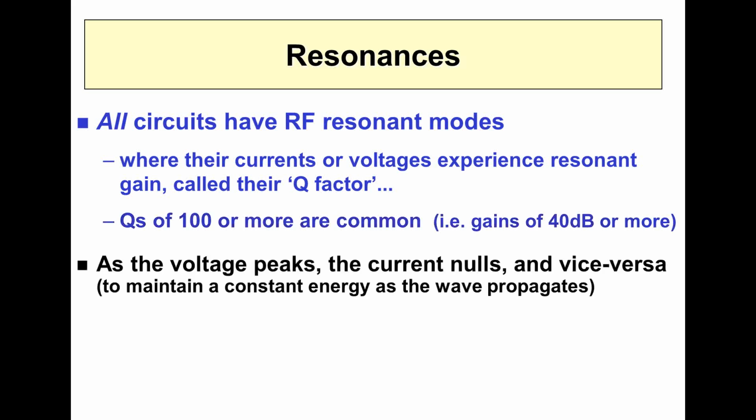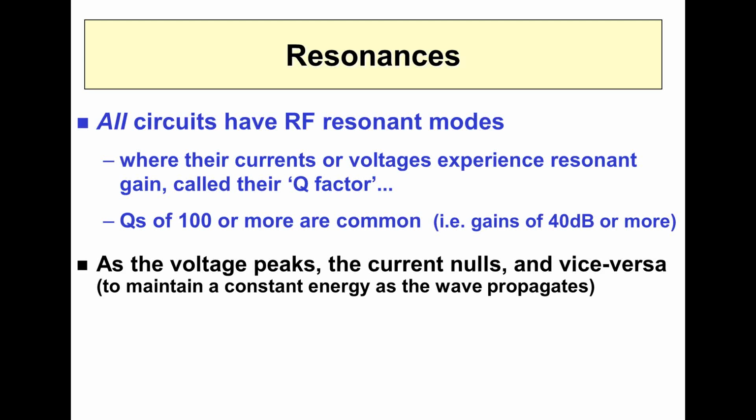When you get a voltage peak due to resonance, you get a current null and vice versa. The reason being, the actual electromagnetic energy doesn't change. It's just that energy is voltage times current, or if you like, electric field times magnetic field.